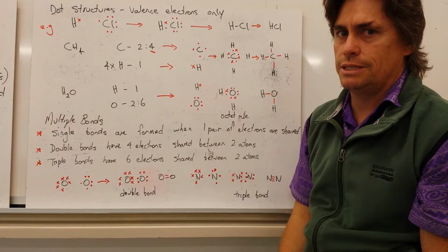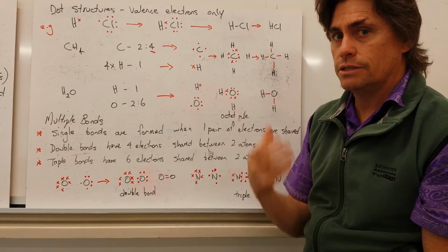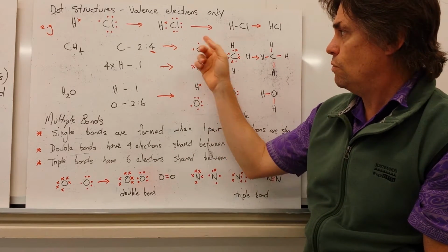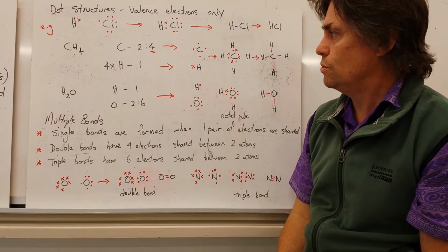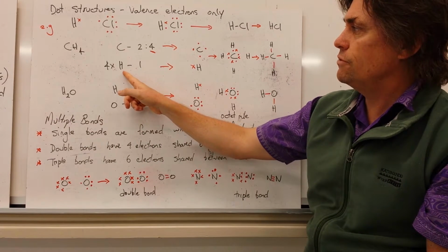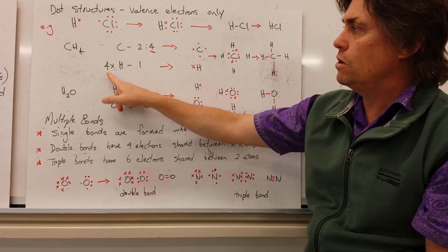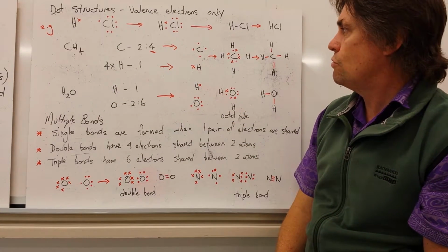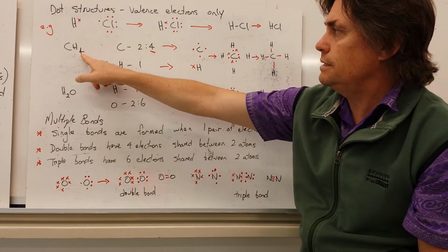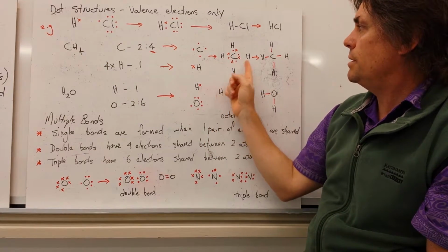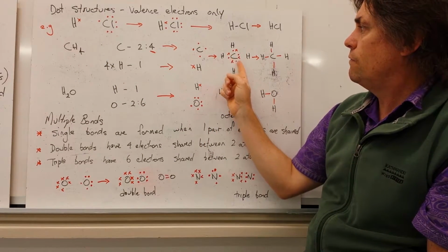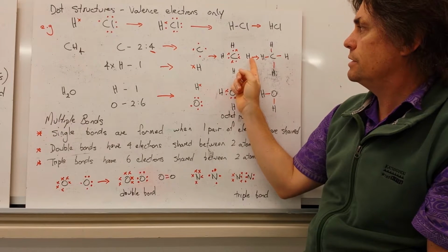Now we know that it wants to get 8 electrons, so it's going to have to share these 4 with another 4 from another source. Hydrogen has 1 electron, so we represent it as 1, and we've got 4 lots of that. So if we draw a molecule of methane, CH4, we've got carbon sharing 4 electrons with 4 different hydrogens.